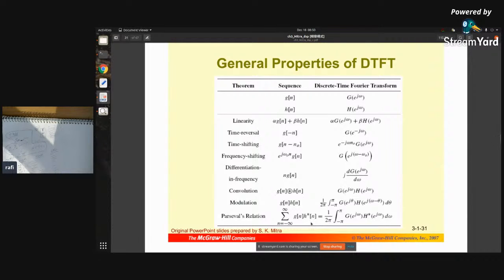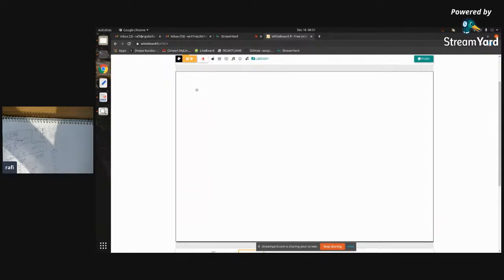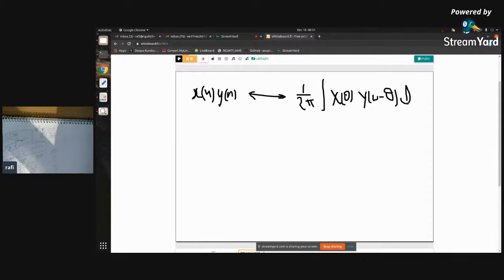This is the convolution in frequency: the DTFT of the product will give rise to the integral of x of theta y of omega minus theta d theta, from minus pi to pi.